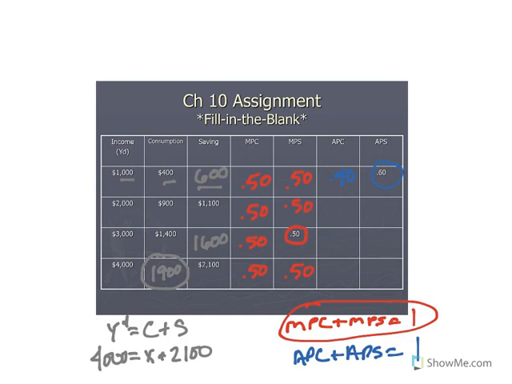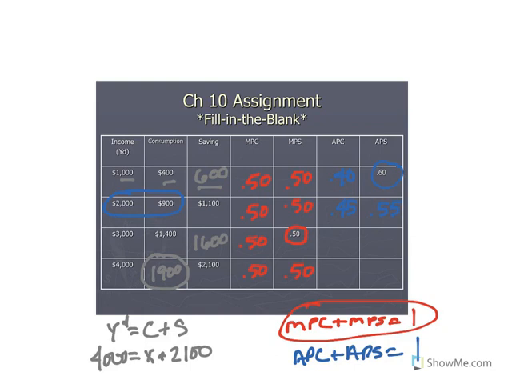So in other words, to calculate the average propensity to consume when disposable income is 2,000, we just look at this data over here. We would do 900 divided by 2,000, and we would come up with 0.45. And then we can use our shortcut. In other words, if the APC is 0.45, then that means the APS has to be 0.55 because they have to add up to equal 1.